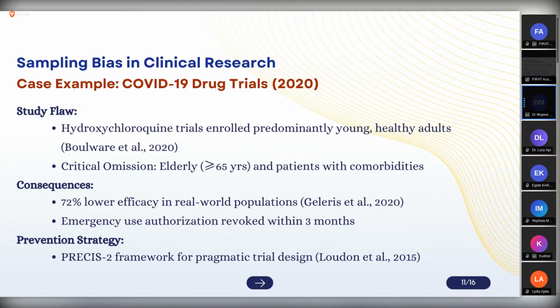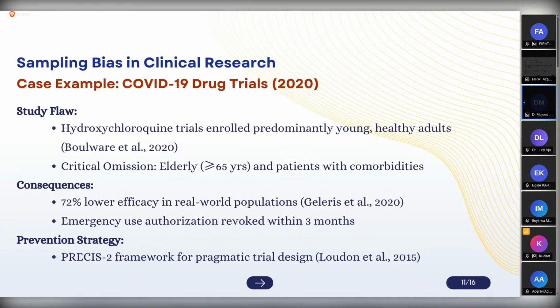72% lower efficacy in real world population. So the trial found that hydroxychloroquine was effective, but in the real population, the efficacy was not as expected. The emergency use authorization was revoked within 3 months.